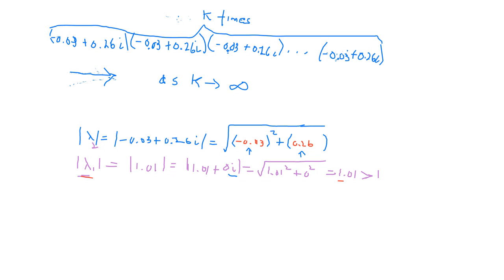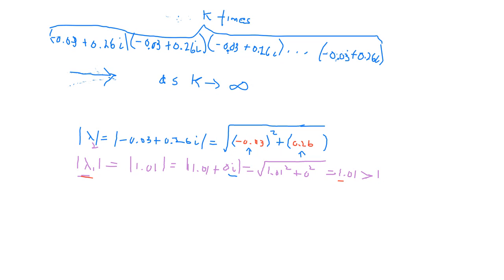When it's greater than 1, the term with that eigenvalue will not disappear from the formula for the vector x sub k. And if the modulus is less than 1, then the term would disappear as k gets large.